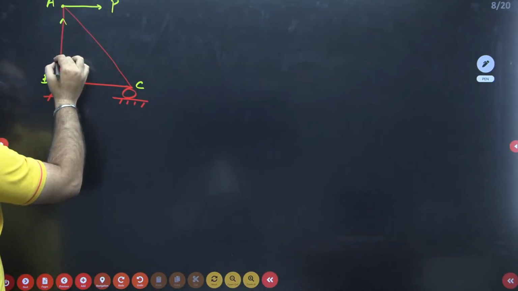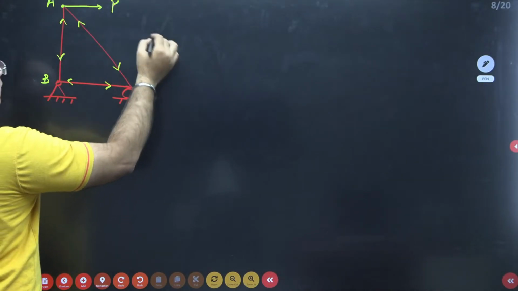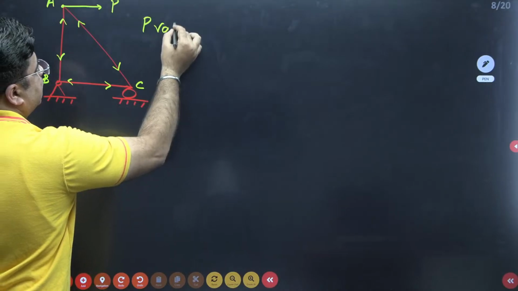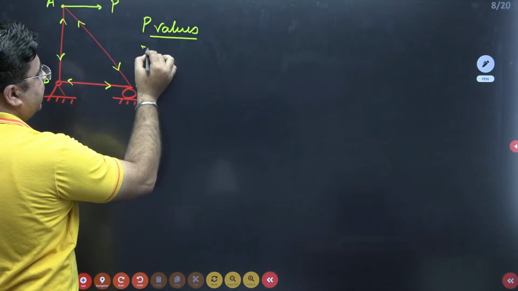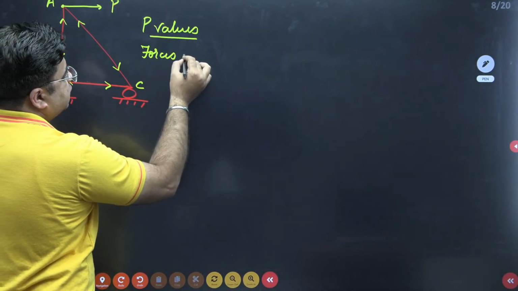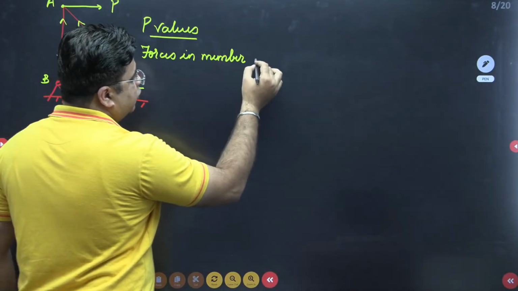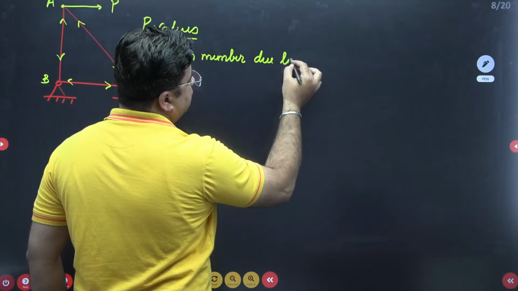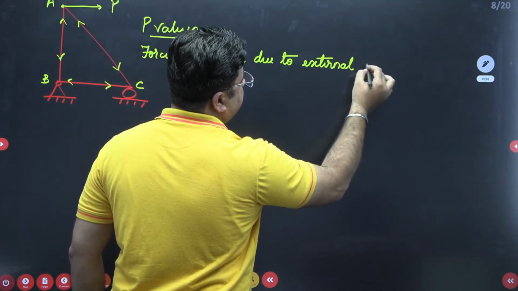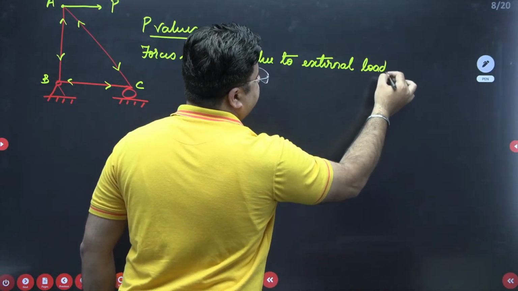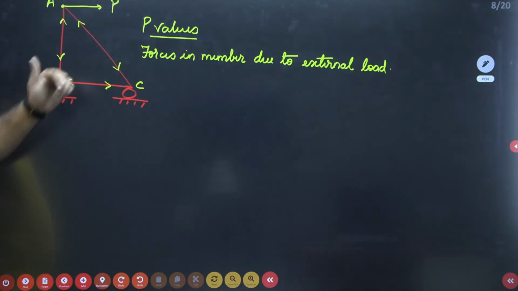So that value of forces will be termed as P values. What are P values? P values are forces in members due to external load. Okay. So P values are forces in all these members due to external load.